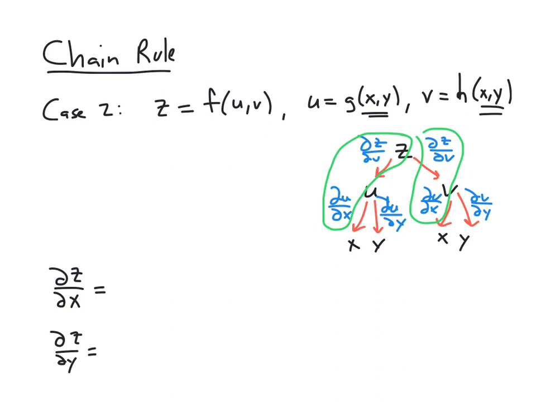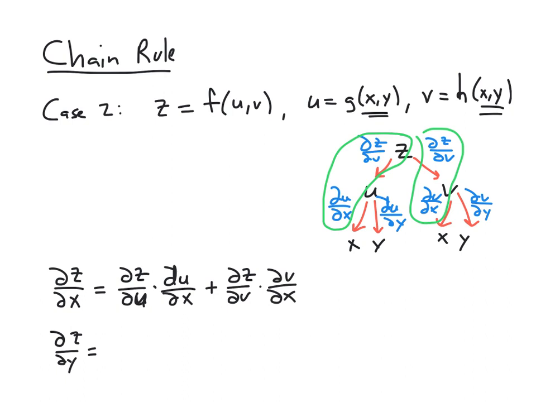So del z, del x from this picture will be del z, del u multiplied by del u, del x. That's the path on the left. The path on the right is del z, del v multiplied by del v, del x. And so there is our chain rule for this particular partial.